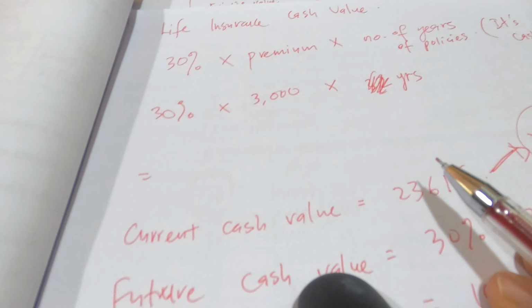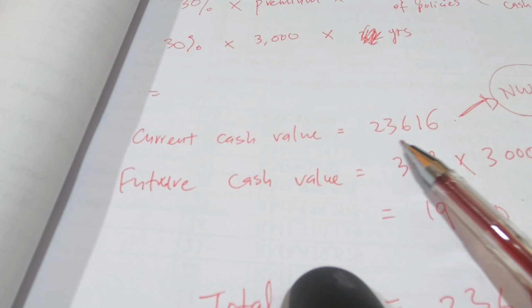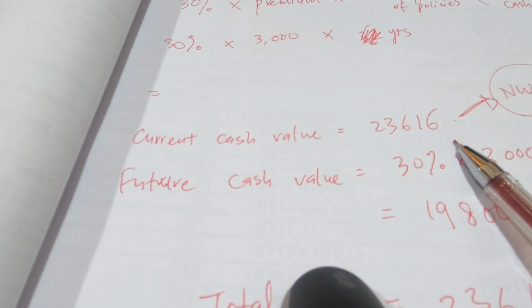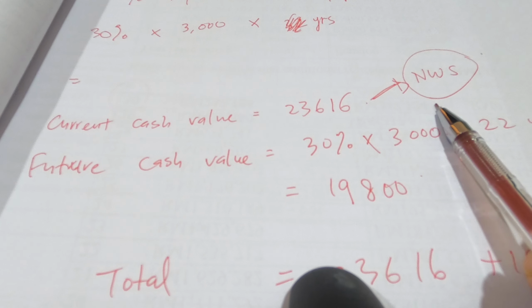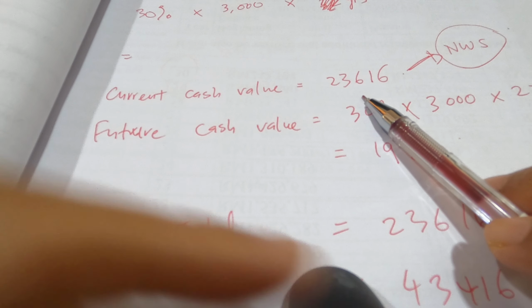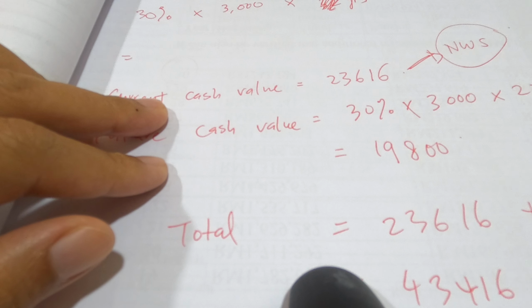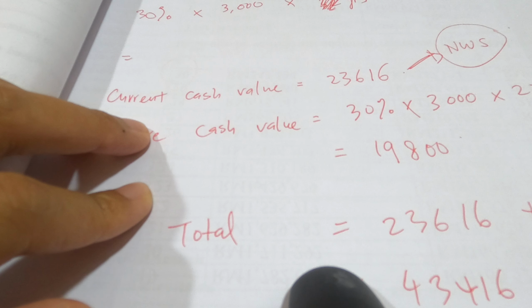So in this case, your current cash value is 23,616. You get this by looking back at the net worth statement that you have already calculated before. This is the cash value now, and in the next 22 years it will keep increasing.